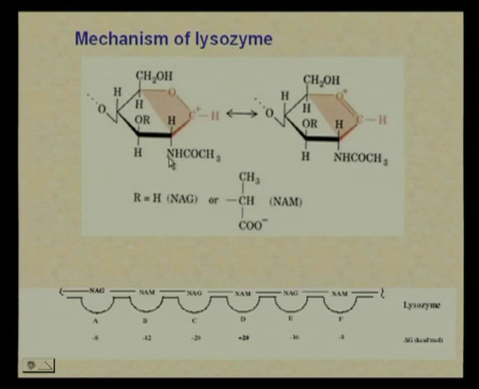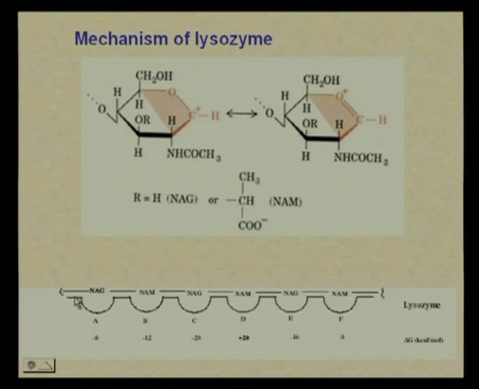And this is just a resonance structure of the two sugar moieties that can happen, and if the R is H, we have NAG, and if the R is CH3CHCO minus, it is NAM. Now, what we have is alternating NAG, NAM, NAG, NAM, NAG, NAM residues in the bacterial cell wall.